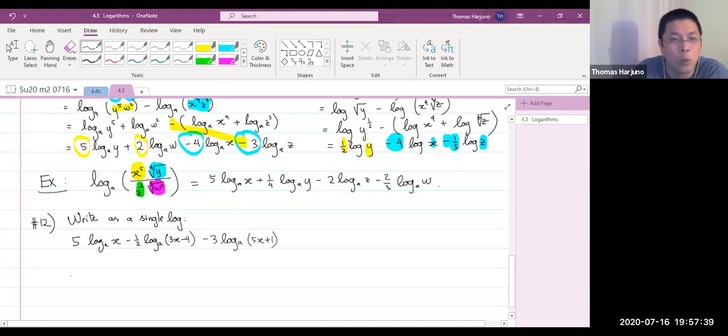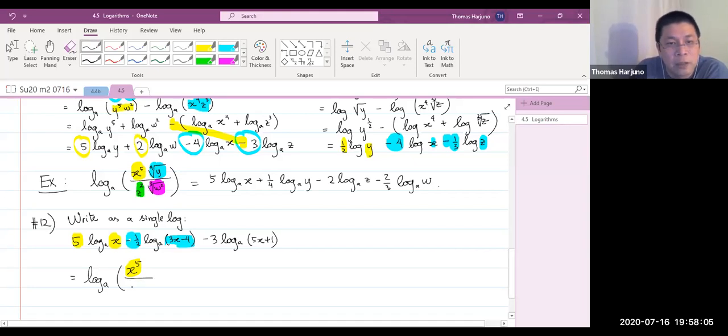Now, do it in one single step whenever possible. This is log base a of, now this is positive 5 with base x, so this is x to the 5th. Then this is the negative part. Because it's negative, it is at the bottom.